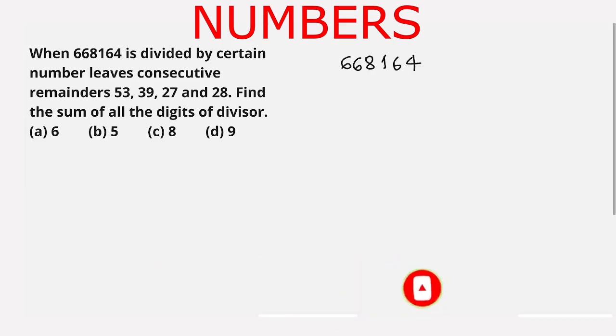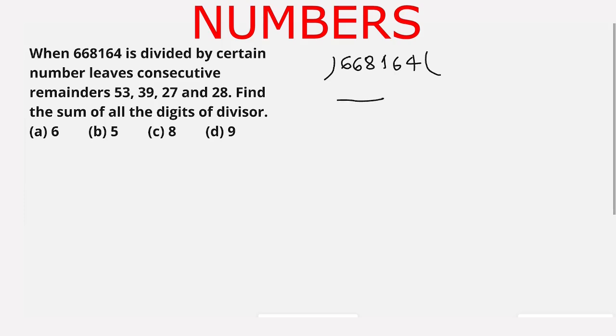The given number is 668164. As there are 4 consecutive remainders, we leave the last 3 digits, and those last 3 digits are 1, 6 and 4, and the remaining 3 digits are 668.